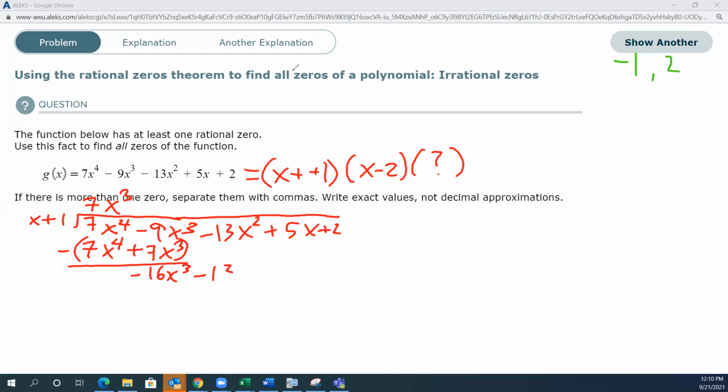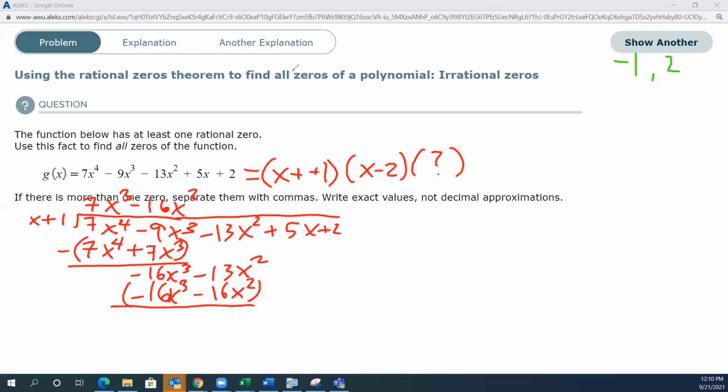Bring down the next term. Again, watch those subtractions. Multiply this thing by negative 16x squared, so that when I multiply negative 16x squared by the divisor, x plus 1, I get negative 16x cubed minus 16x squared.